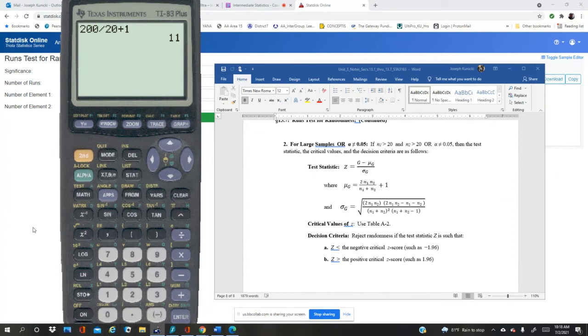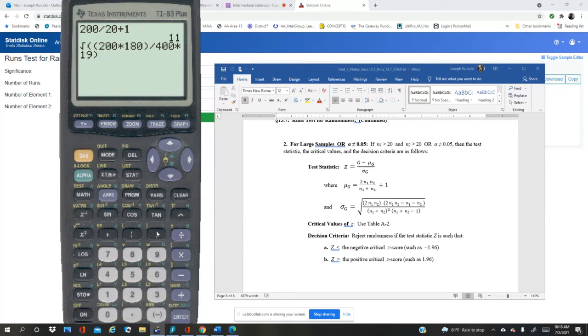Sigma G, on the other hand, I would do the square root. And I need parentheses for the numerator. 2 times N1 N2, that's still 200, the same number as we just calculated, times 2 N1 N2, that's 200, minus N1 minus N2, so that's minus 20. So 200 minus 20 is 180. So there's the numerator. The denominator is N1 plus N2 squared, so 20 squared is 400, times N1 plus N2 minus 1, so 20 minus 1 is 19.